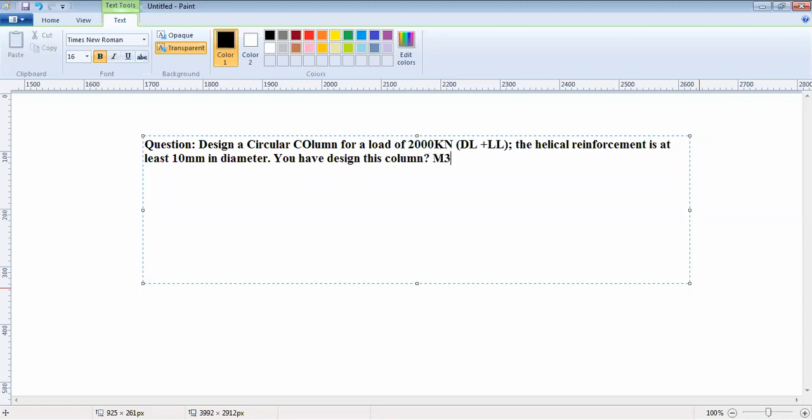What's given to you is M30 grade concrete and Fe 500 steel.